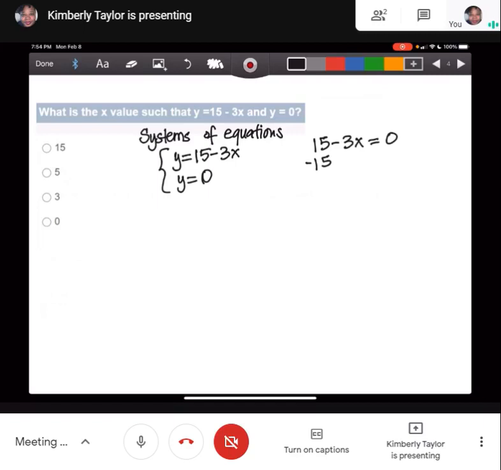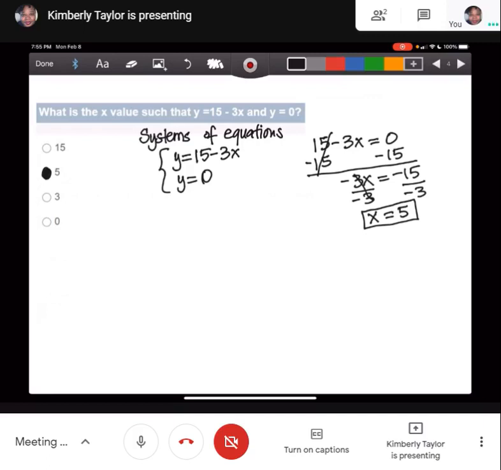Let's subtract 15 from both sides of your equation. You make your 0 pair. You have 3x is equal to negative 15. Let's do our division property of equality by dividing both sides by negative 3. You have a 1 here, and so x is equal to 5. And there you have it.